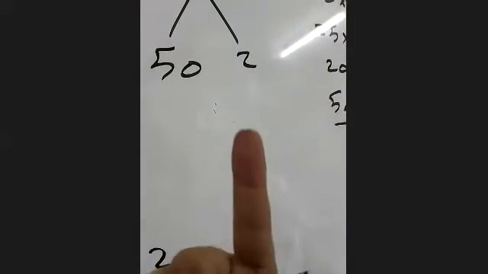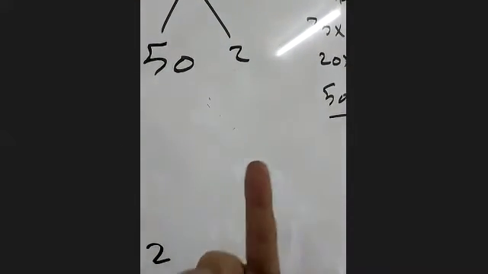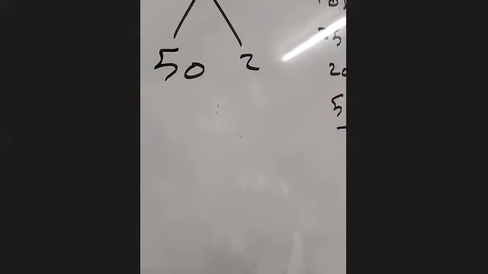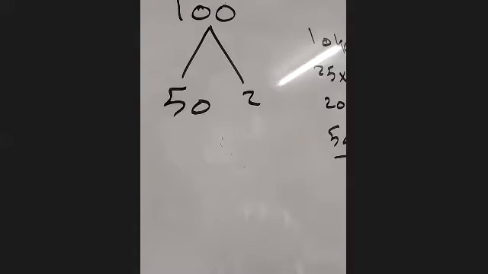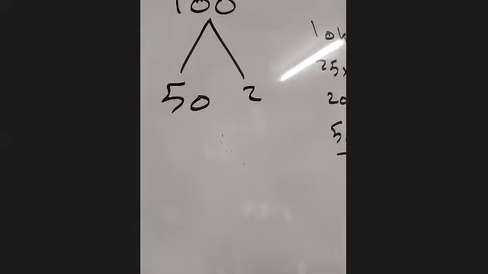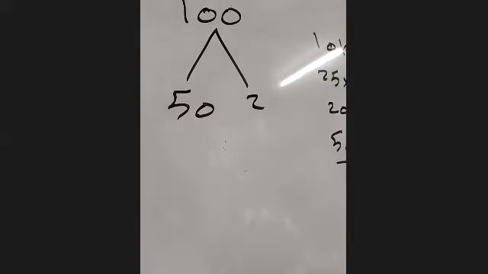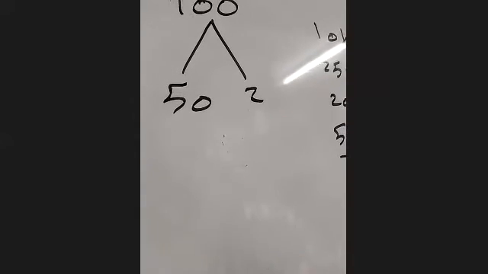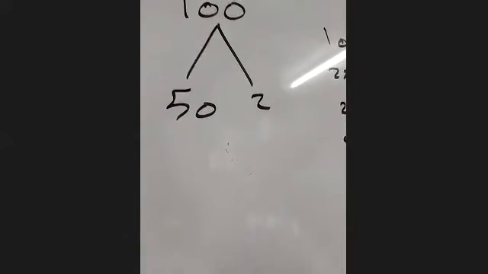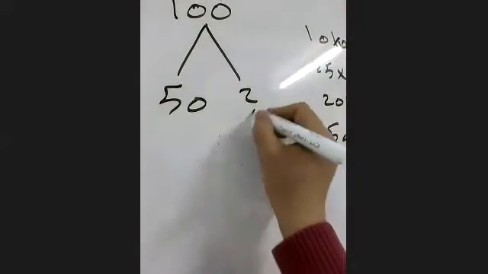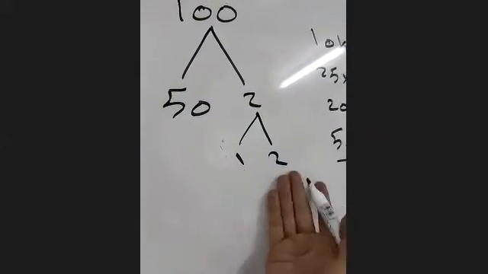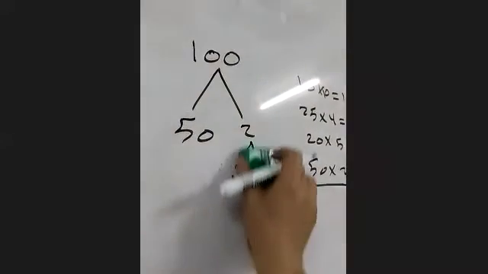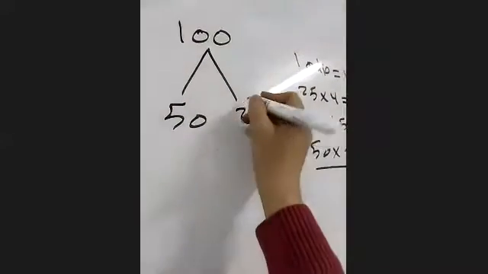I want two numbers, not one number. 2 multiplied by what? By 1. Say 2 and 1, not 1 alone, not 2 alone. So we have 1 and 2. We have only 1 and 2, and we have only 1 here, so no need to write it. We don't use it. Put a circle here.